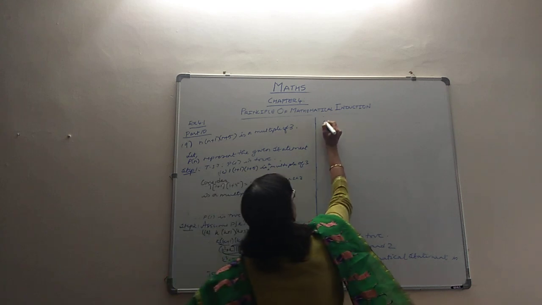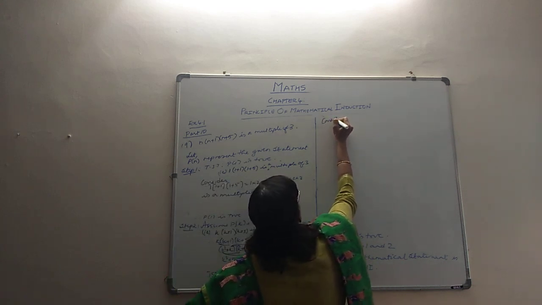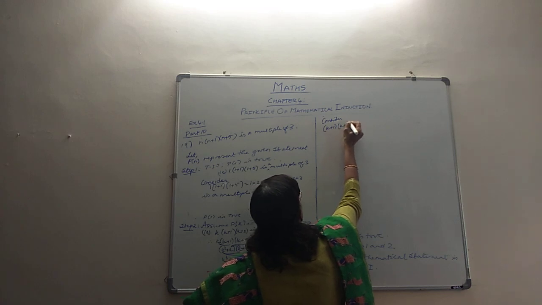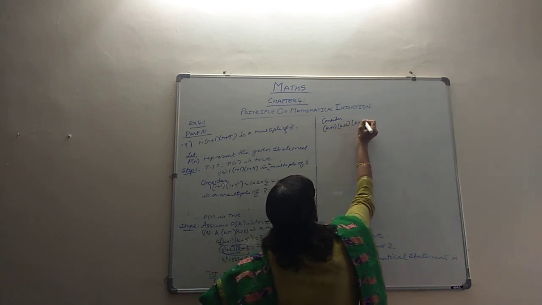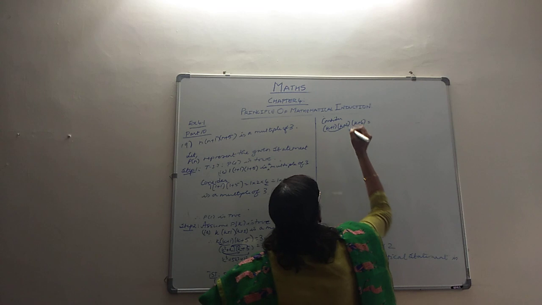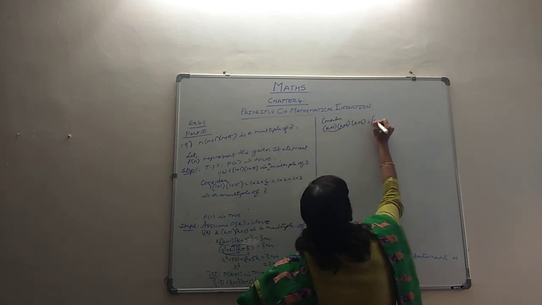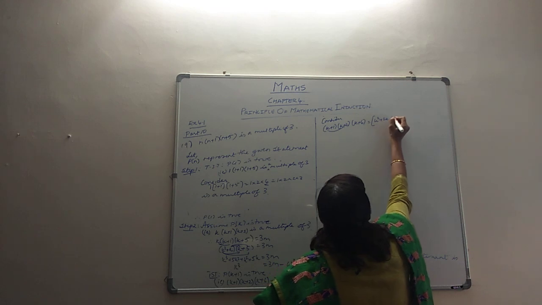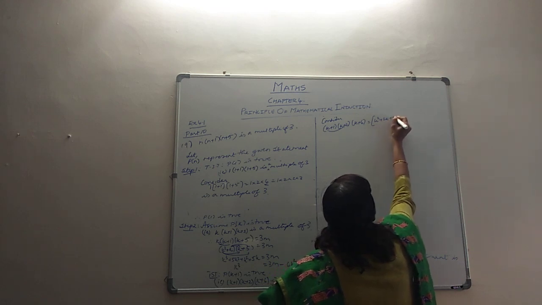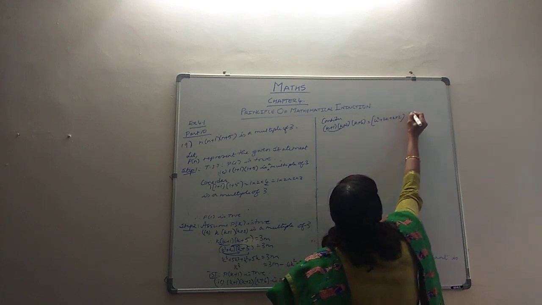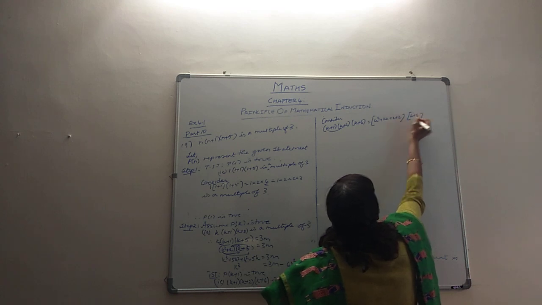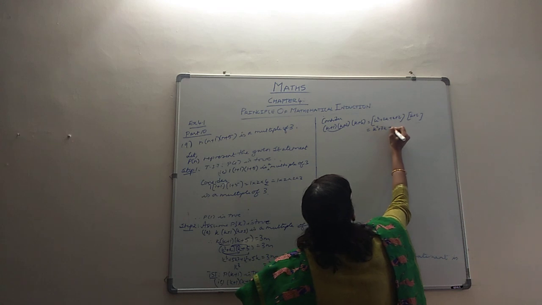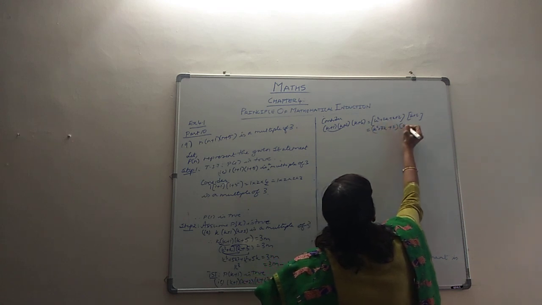So we consider k plus 1 times k plus 2 into k plus 6, and let's expand this. First let's expand these two terms. So it's going to be k squared plus 2k plus k plus 2 and k plus 6, and here it's like k squared plus 3k plus 2 to be multiplied by k plus 6.